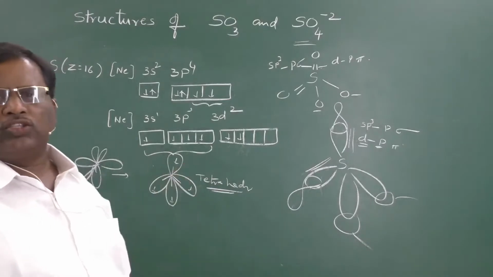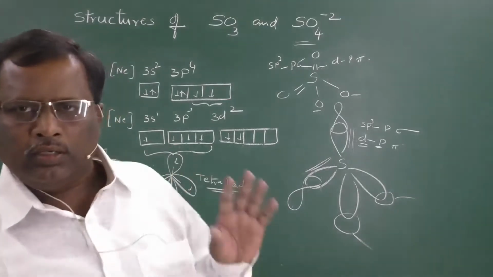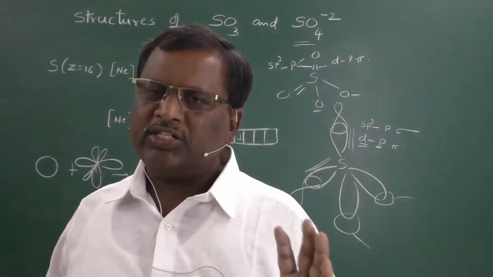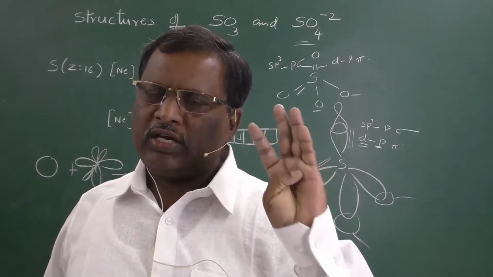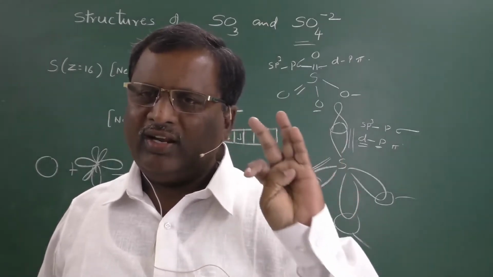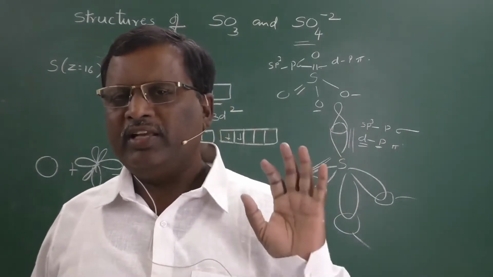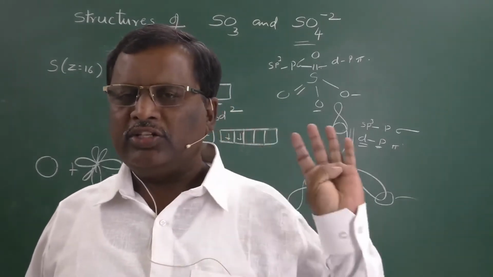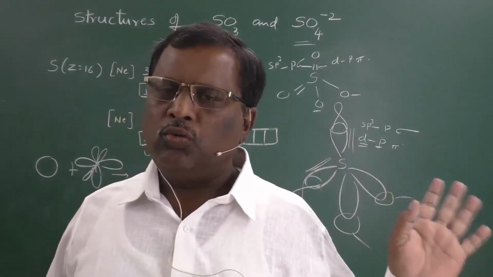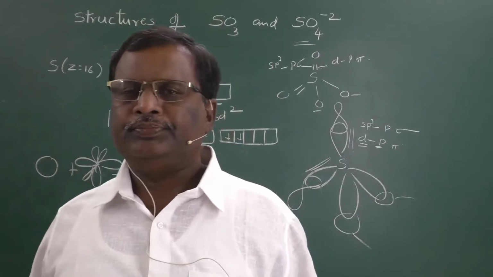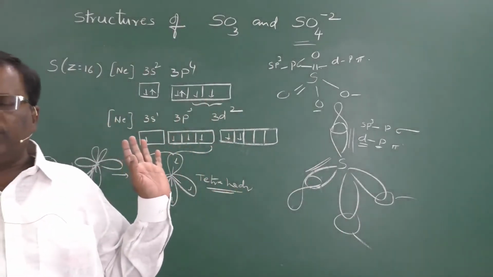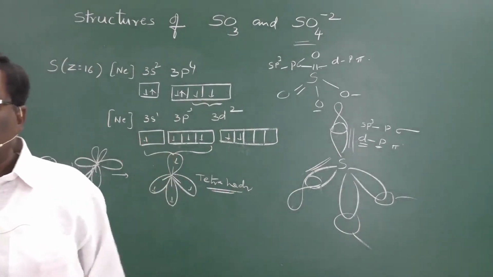In the SO4 minus 2 ion, the thing you have to remember is that the hybridization of sulfur is sp3, the shape of the ion is tetrahedral, and the bond angle is nearer to 109 degrees. These are the structures of SO3 and SO4 minus 2.